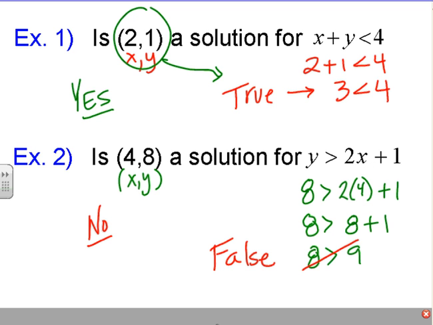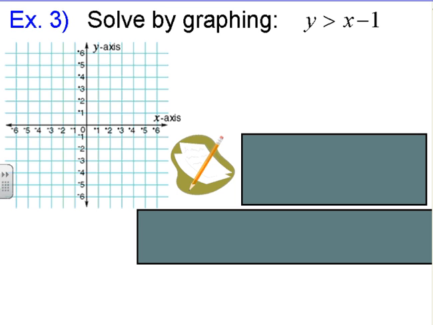Now let's take a look at doing it from top to bottom, graphing and showing all the possible solutions to a linear inequality. First off, let's remind ourselves: y equals mx plus b. This is the slope-intercept form of an equation. I should say slope y-intercept form.